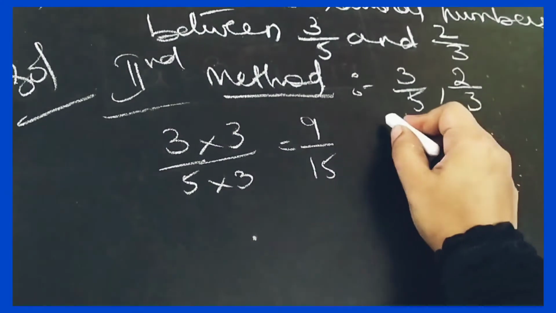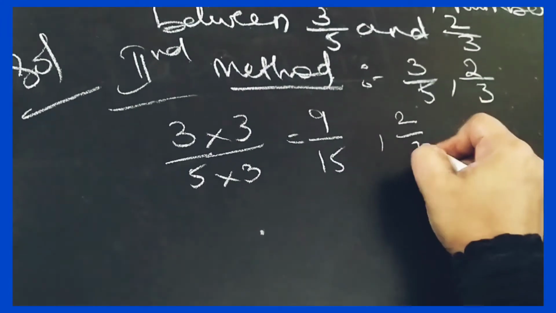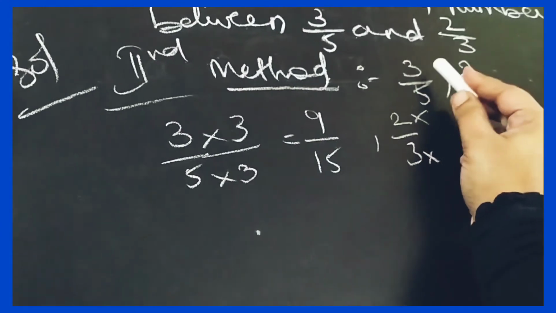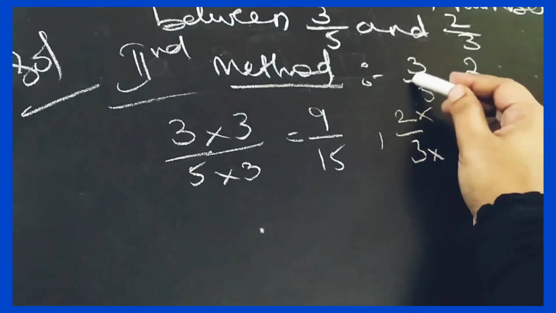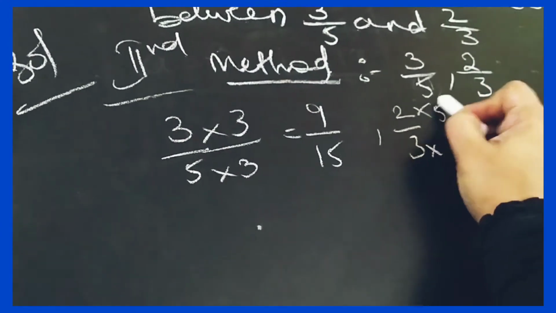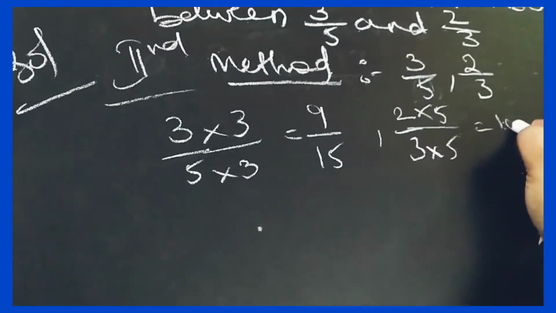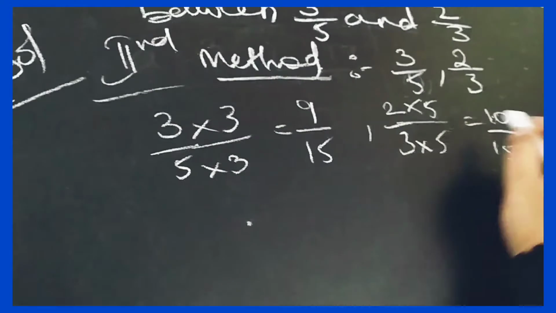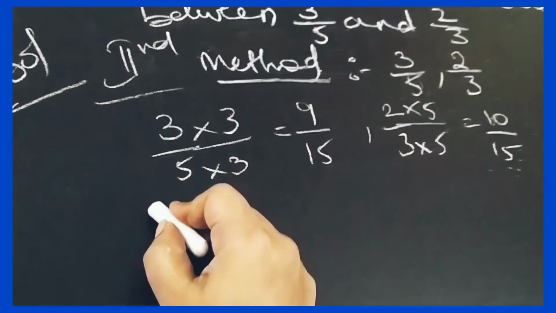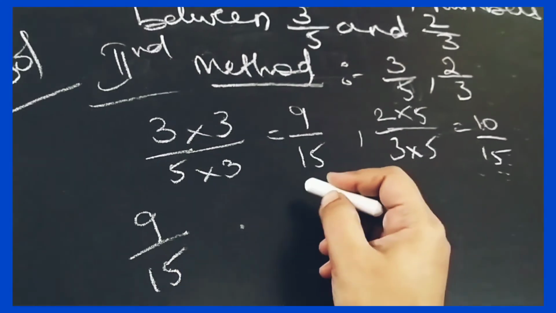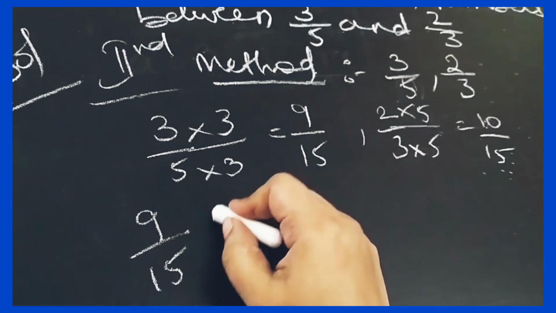So the second number is 2 by 3. Again we multiply 2 and 3 with the denominator of the first number. What is the denominator here? 5. Into 5, 2 5s are 10, 3 5s are 15. It is 9 by 15, 10 by 15.